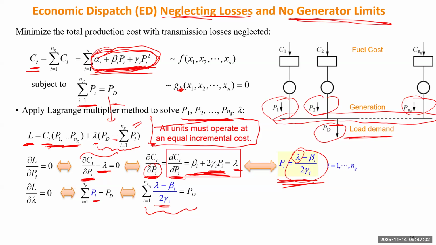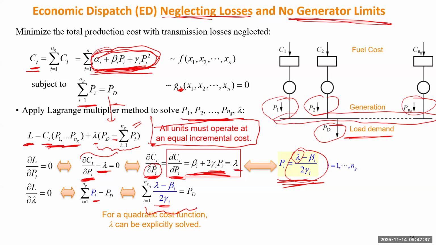Including PD, which is the total load. Beta and gamma are the parameters from the original cost function. So you need to solve this equation for lambda. It's very simple, just a linear equation. I'll go ahead and give you the answer, since this equation can be explicitly solved. If you have not a quadratic function but a third order or higher order nonlinear function to model the cost, this equation will become nonlinear.